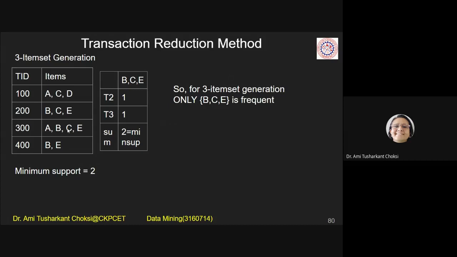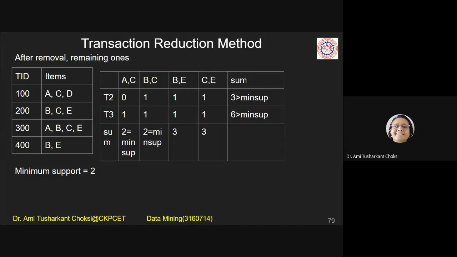Can it be frequent? ABC means all these subsets must be frequent. So AB is there, BC is not there, isn't it? We know that the Apriori property says that ABC can be frequent only if all of its subsets are frequent, right?